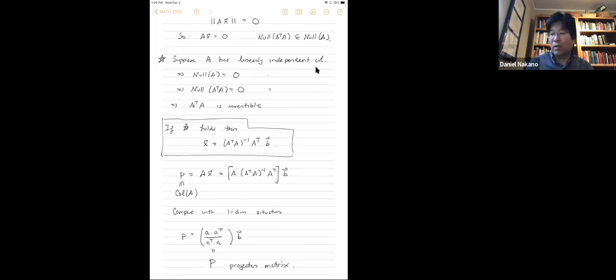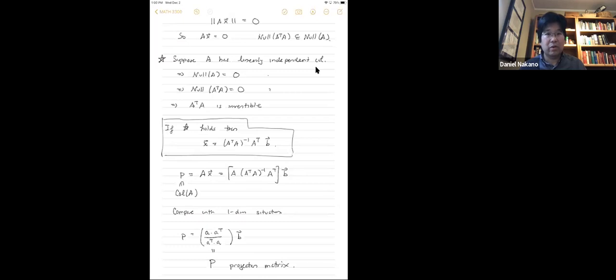So this is the actual formula here, where you have to keep the A transpose A in the center and then invert it. Does that make sense? Okay, I see. Thank you. The matrix multiplication is not commutative, so that's why we have to have a slightly more general formula for m by n matrices.